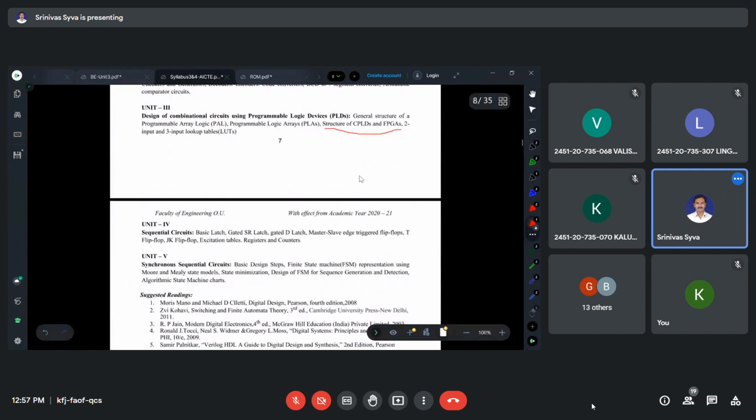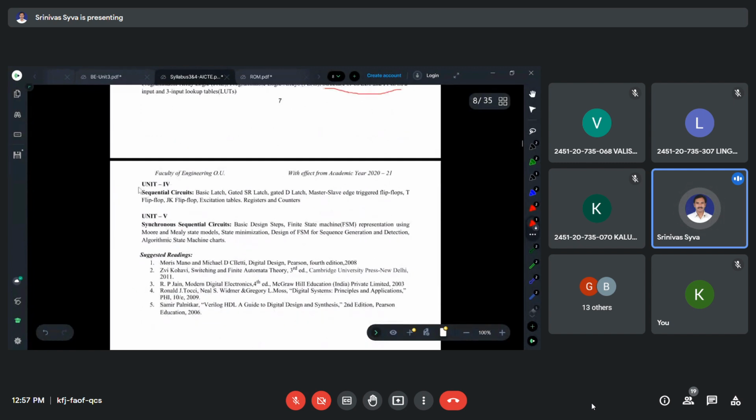Mainly, I am focusing now in this class on unit 4, sequential circuits. This last, 4th unit and 5th unit deal with the sequential circuits.